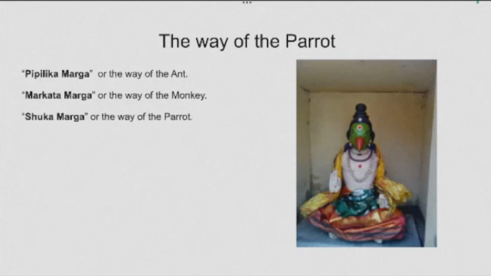We all know the characteristic of ants, that it slowly climbs up the trunk of the tree and marches forward to the branch and finally reaches the fruit. On the contrary, a monkey jumps from one tree to another, lands on the branch which has fruits, and grabs the fruit.